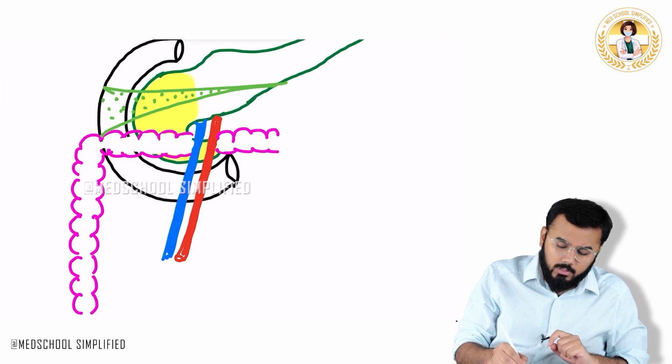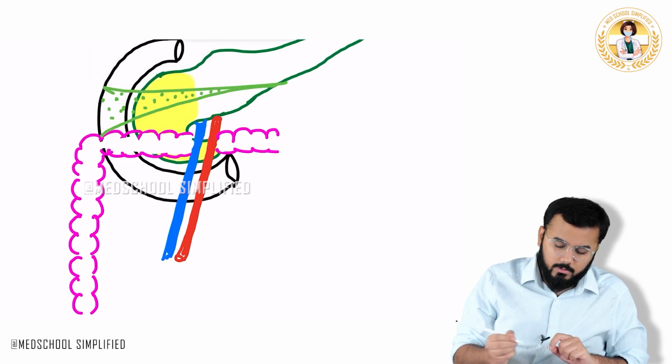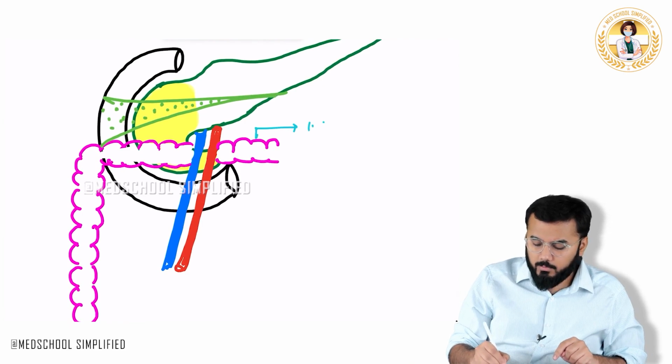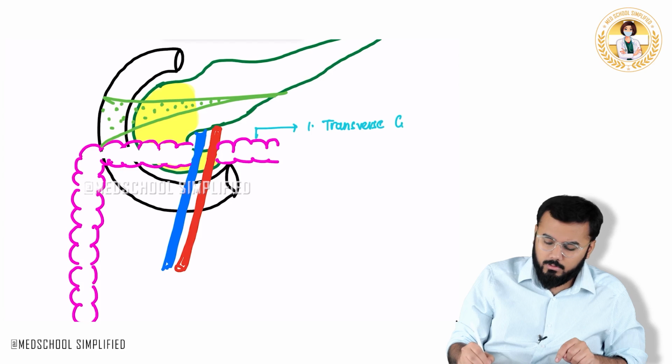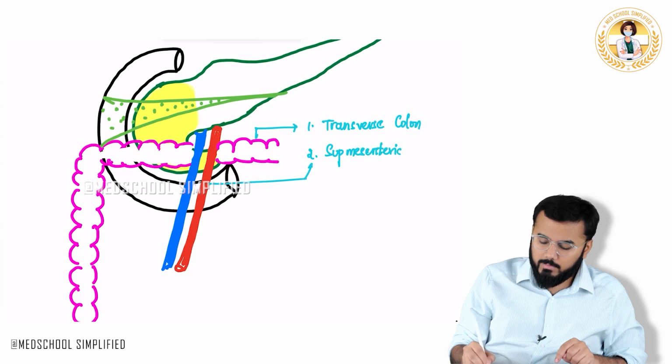So let us write down all the things now. What is the first important thing over here, guys? The first important thing is the transverse colon. The second important thing is the superior mesenteric artery.